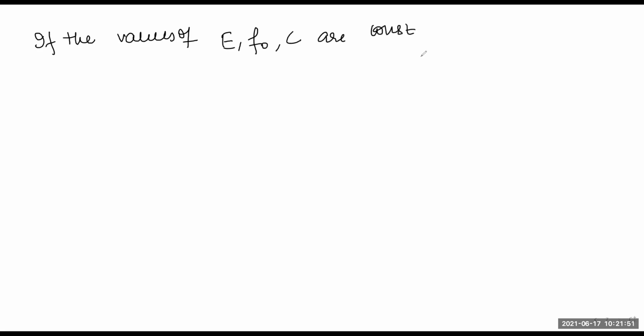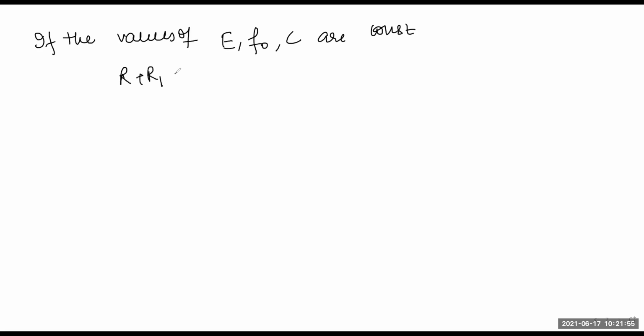Now, if the values of E, F0 and C are constant, then what will the equation become?